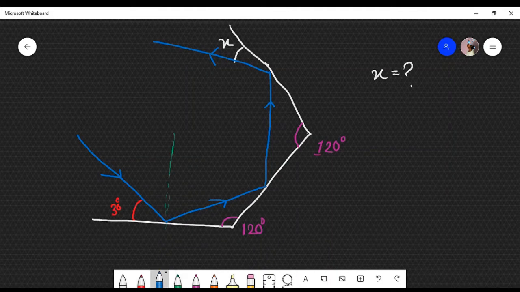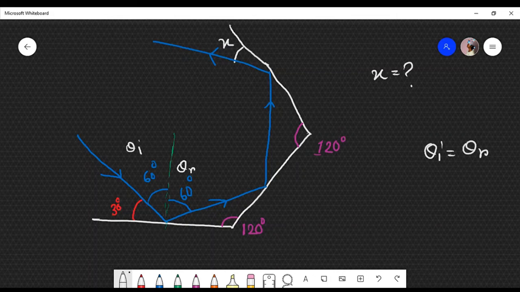As it is 30 degrees here, this will automatically be 60 degrees. No need to do calculations. And this here will also become 60 degrees, as it is said in the law of reflection that theta I will be equal to theta r. So this is theta I and this is theta r in that case.